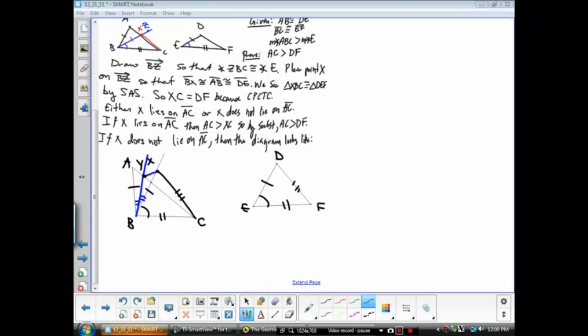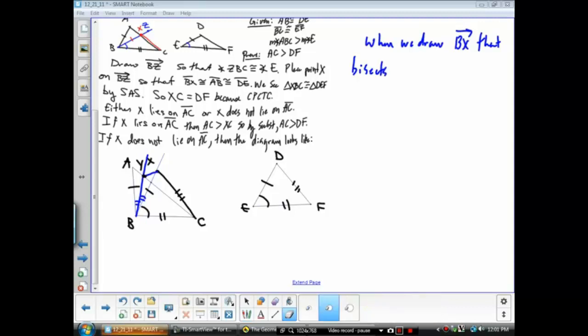Okay, so continuing on, we'll write this part of the proof in this empty spot here. When we draw angle bisector BX, BY is actually the angle bisector. Let me make that correction.